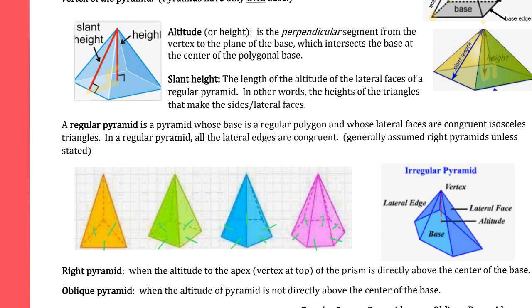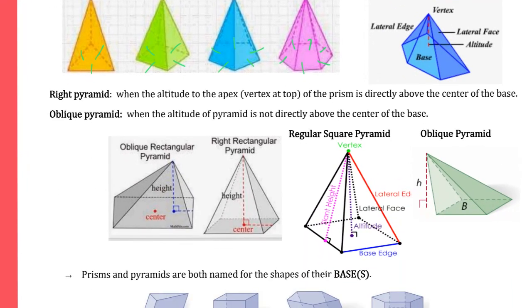A right pyramid, as you can tell compared to oblique: the very top of a pyramid is a vertex, but it's called the apex. If you drop something, it would directly land in the bottom there. That's a right angle. Notice it makes a right angle with the base. Every altitude has to form a right angle with the base, so that's not the big deal.